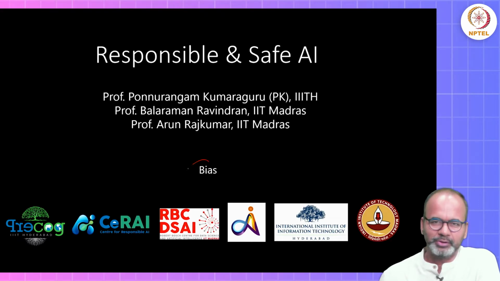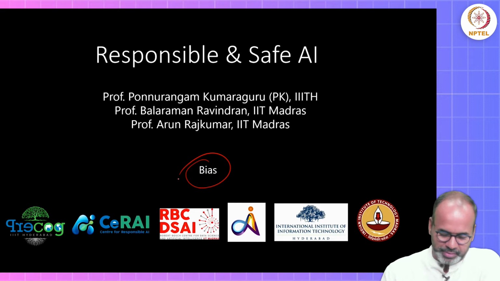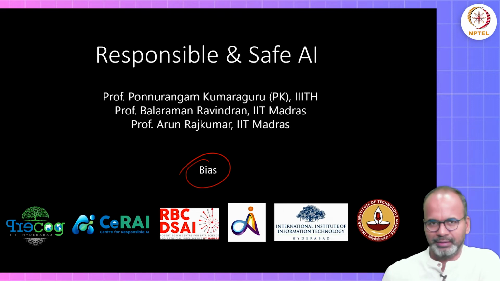What we'll do in this module is look at a topic called bias. This content is going to be slightly longer, so we'll see how much we can cover and how much you can actually absorb. The idea is to look at what bias is.